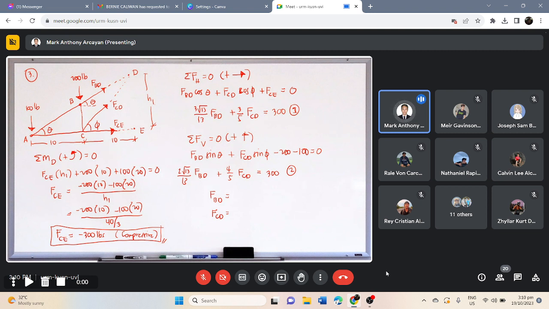Then 2 square root of 13 over 13, then we have 4/5, then equal to 300. So our FBD is equal to 180.28 pounds, approximate only. Then our FCD is 250 pounds.